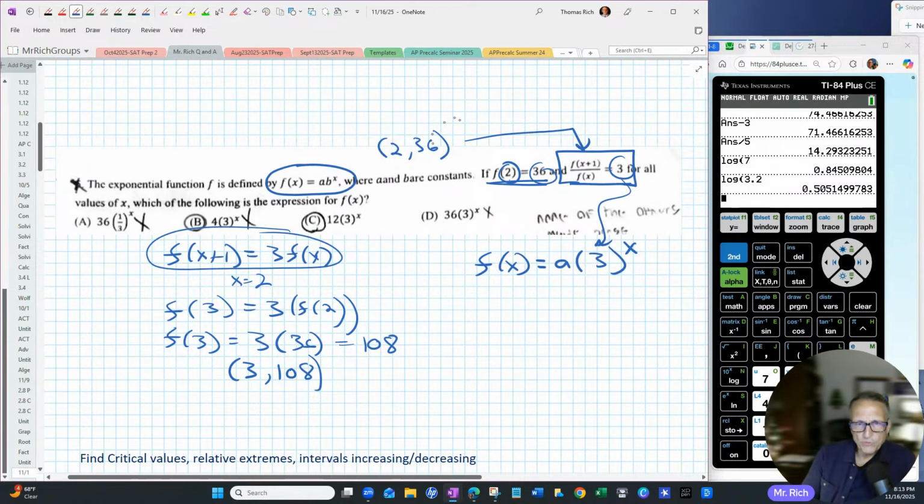Then what we need to do is find out what a is. That would just require us to maybe divide by 3 twice. However, let's just go ahead and plug this point in. 36 is equal to a times 3 to the second power. 3 to the second power is 9, so a is 36 over 9. It's 4. So we know that b is going to be our answer right there.